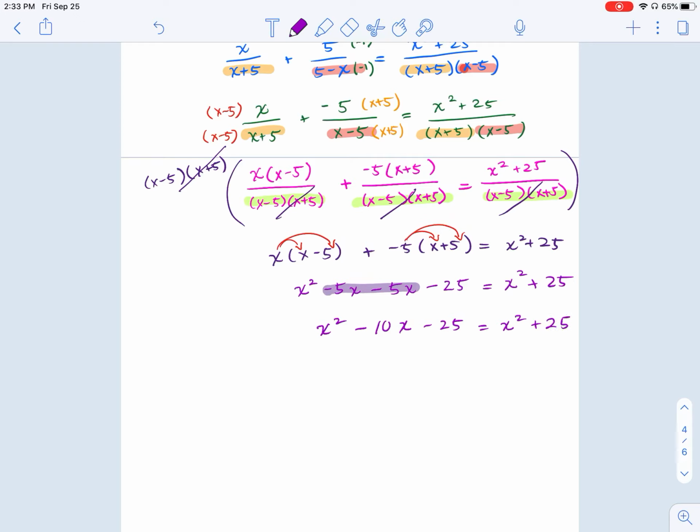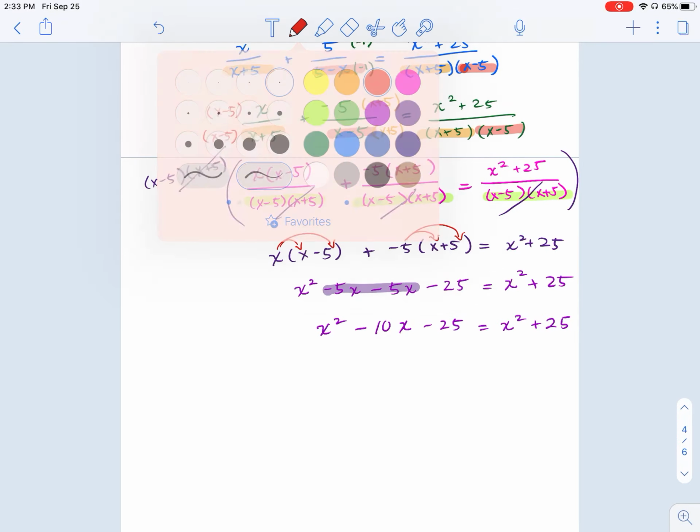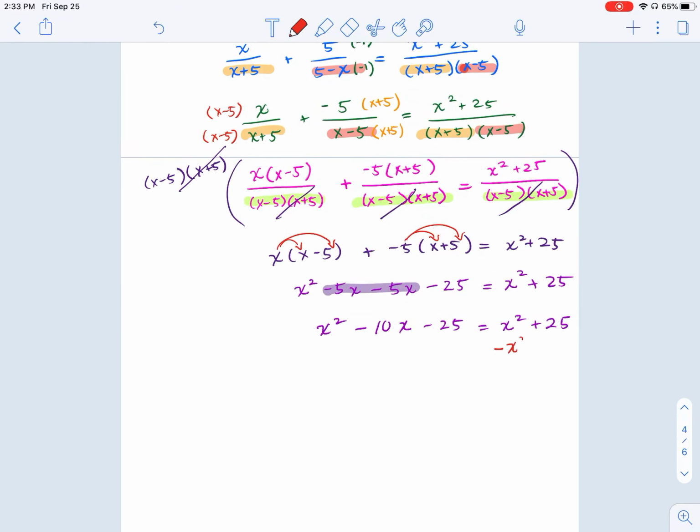I want to isolate x, which means I want all the x's on one side. So let's get this x squared eliminated on the right, then move it to the left. What happens then is they actually eliminate each other. So all we have is negative 10x minus 25 is equal to 25.